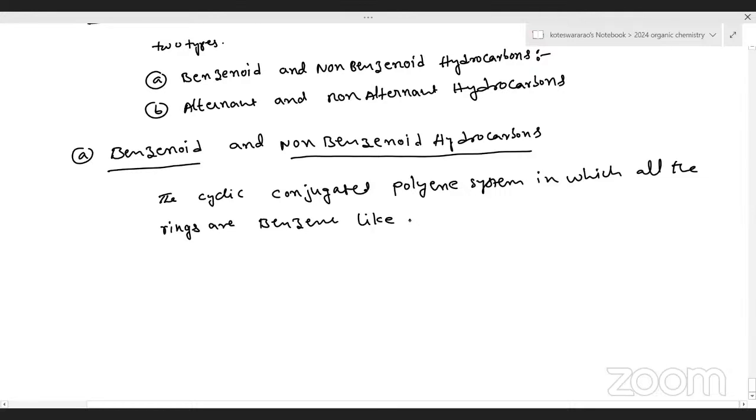All the rings are benzene-like rings. That means 6-membered rings with alternate double bonds.